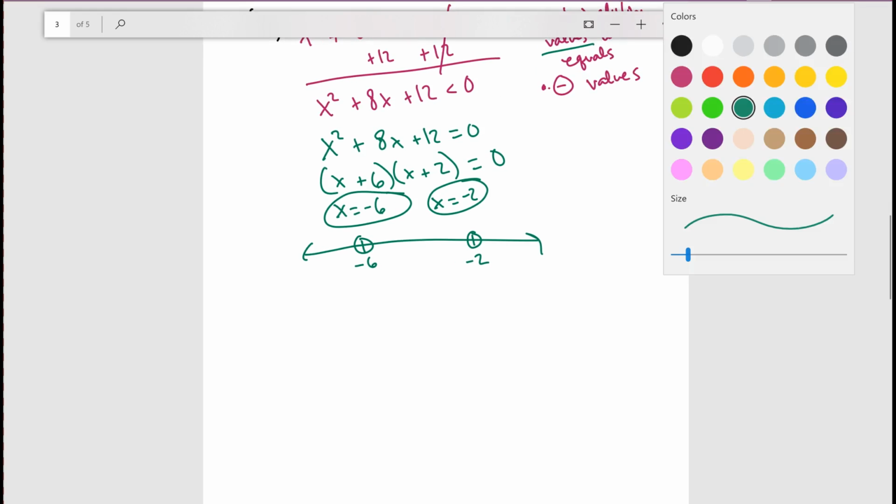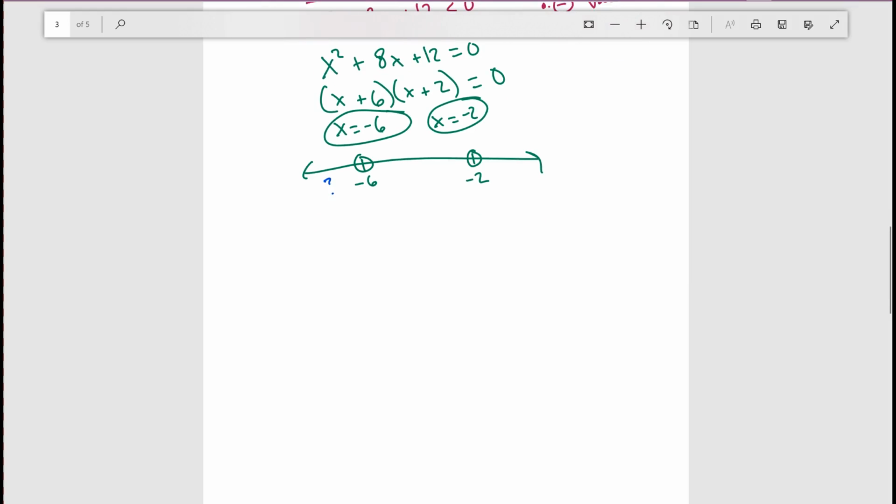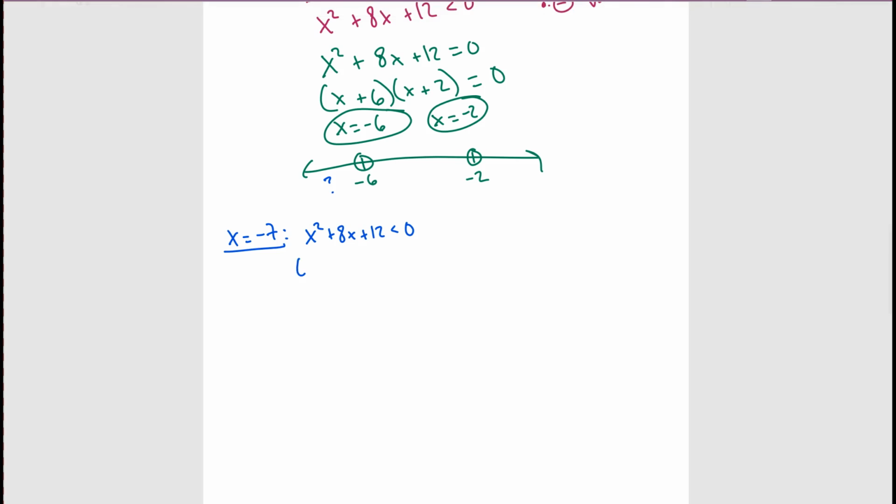And now all I have to do is just plug in numbers. So first let's look over here at x equals negative 7. I could choose any number that I want. So right now I have x squared plus 8x plus 12 has to be less than 0. I'm going to plug in negative 7 here: 8 times negative 7 plus 12 less than 0.